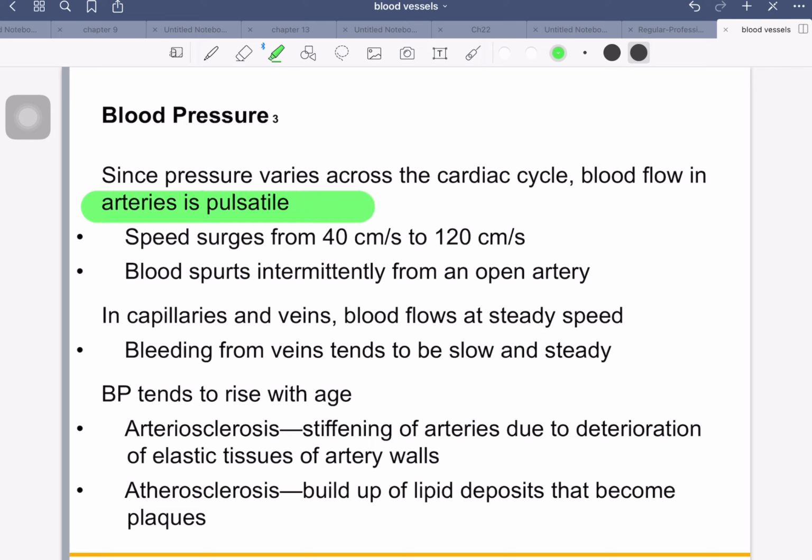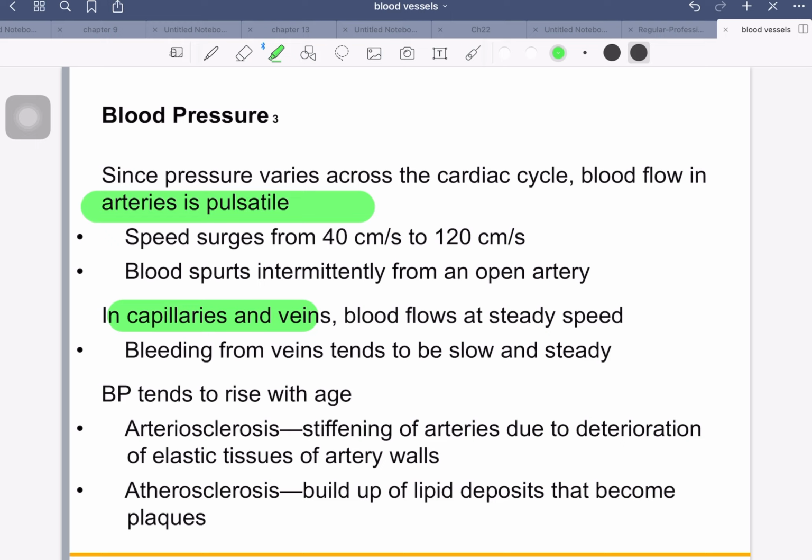To give you some rough values, it could be from 40 centimeters per second to up to about 120 centimeters per second in terms of its travel through arteries. And of course, this is what accounts for the pulsating blood spurts that occur if that artery is opened. Now, once we get to capillaries and veins, we see that the blood flows at a much more steady speed. And therefore, not surprisingly, bleeding from veins tends to be slow and steady.